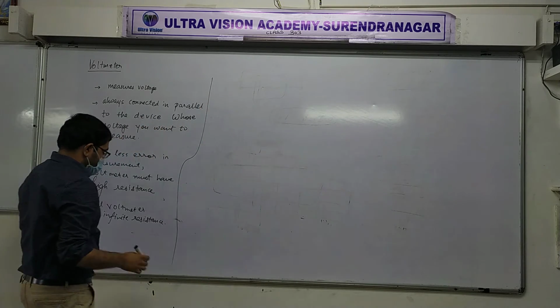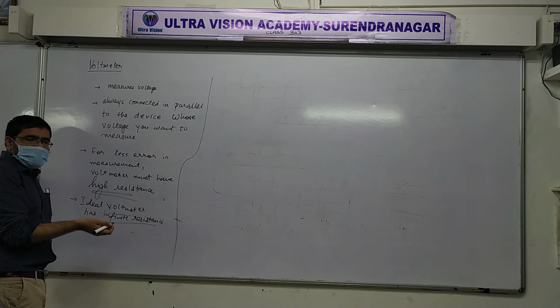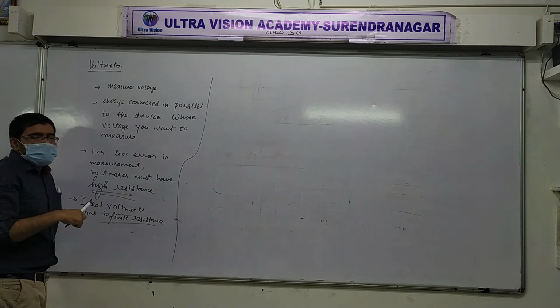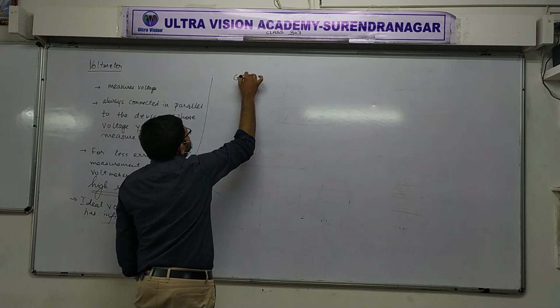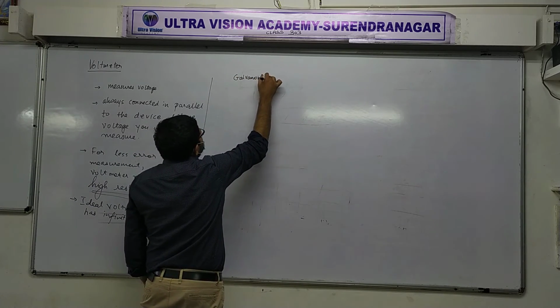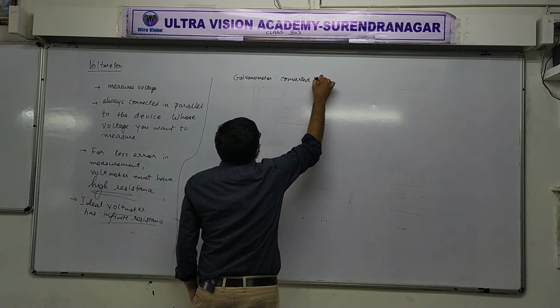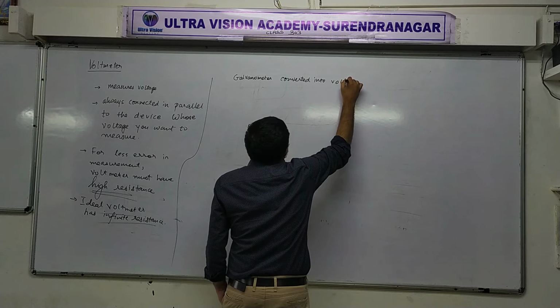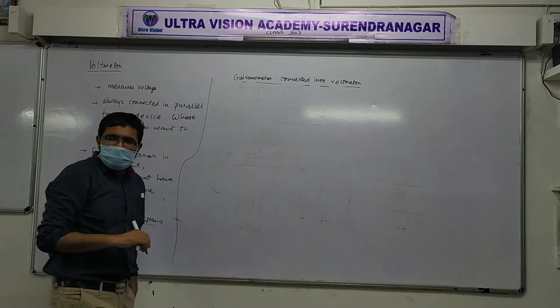To reduce the error, the voltmeter should have high resistance, or infinite theoretically. So how can we make it high resistance? Once again, there is an idea that we can convert a galvanometer into a voltmeter.